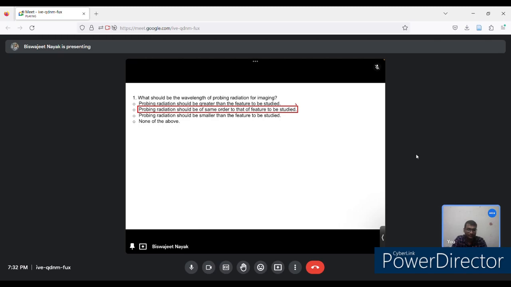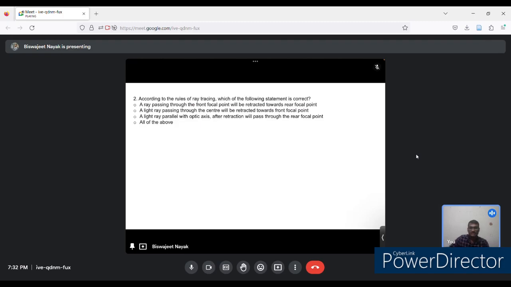Next question: according to the rule of ray tracing, which of the following is correct? Ray tracing, as we have already studied earlier, has different rules. Let's say our lenses are given, with focal length f and back focal length 2f. If an image is beyond 2f, then what are the rules?